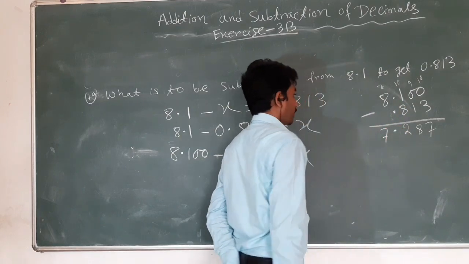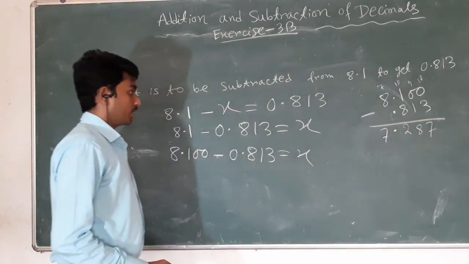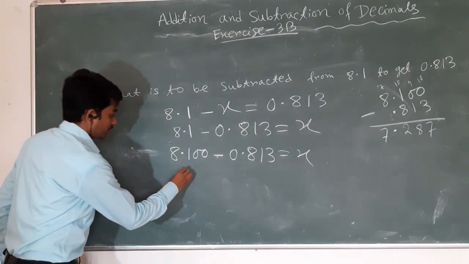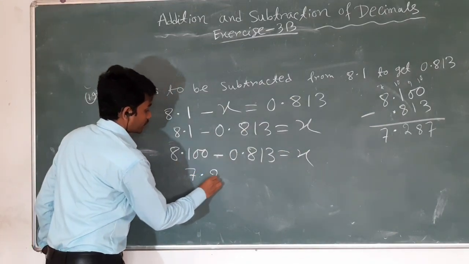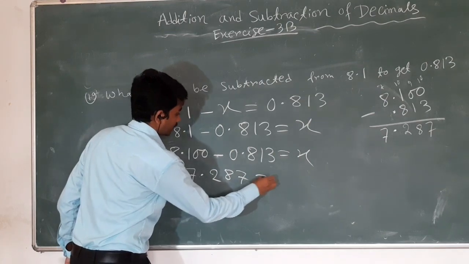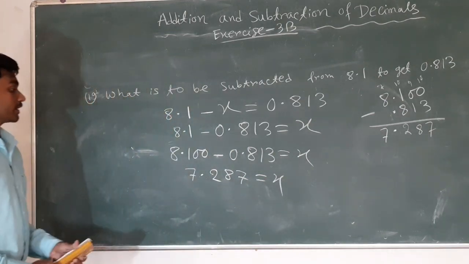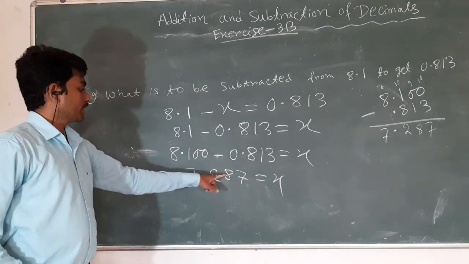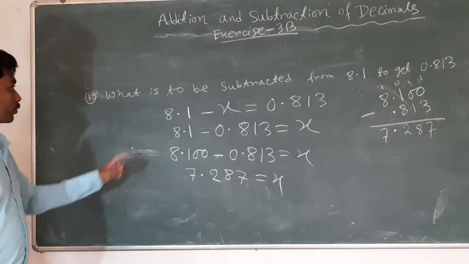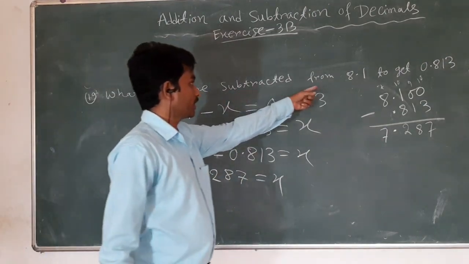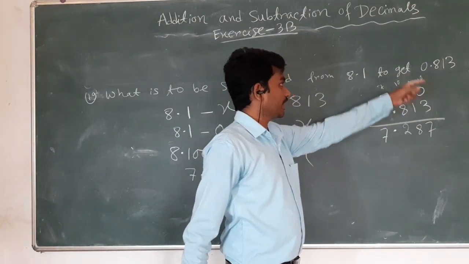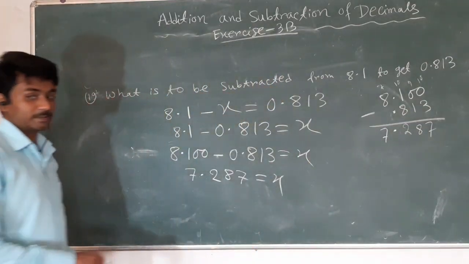Put the decimal point in the decimal column. So the result will be 7.287. So 7.287 should be subtracted from 8.1 to get 0.813.